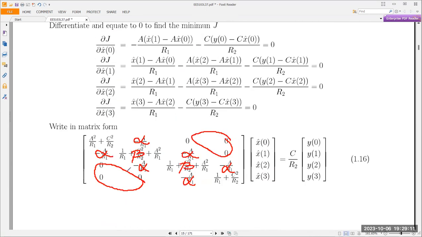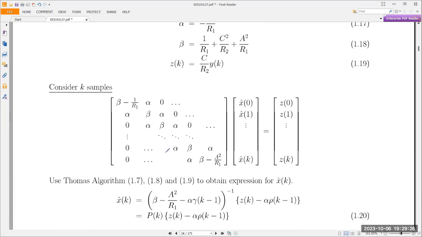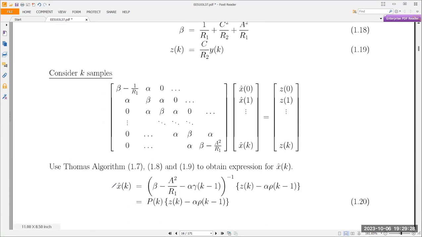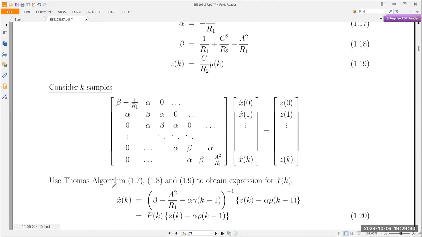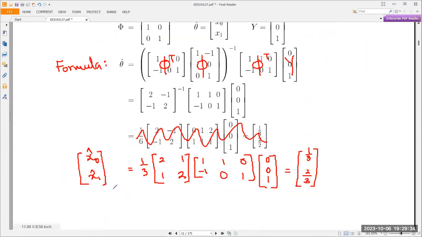Okay, so from here, because here is just 4 equations, in general you will get k equations. So you can match. Then your xk, you go back and look. Your xk, you use this formula xn.